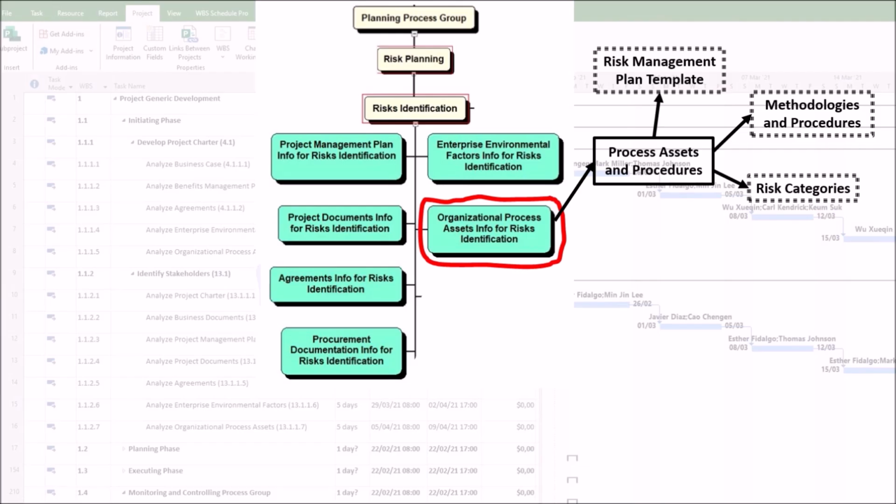A standardized risk breakdown structure used across the organization helps teams look for risks in all the right places, such as technical, external, organizational, and project management. This prevents the team from having a narrow focus and ensures a comprehensive review. Fourth, change control procedures. Understanding how changes are managed helps identify risks related to scope creep and change requests.